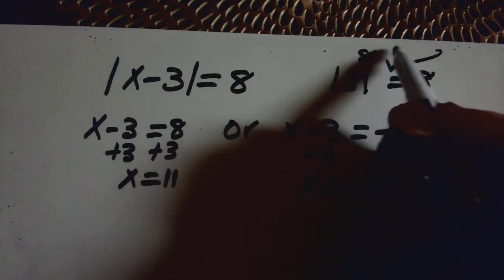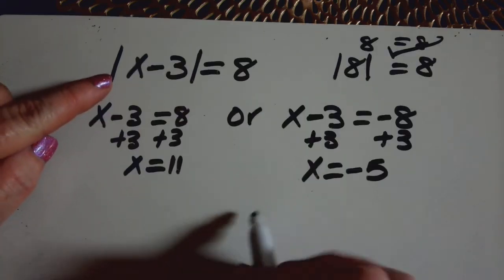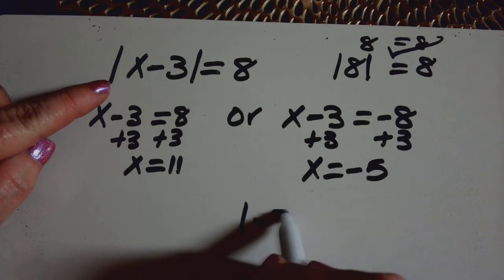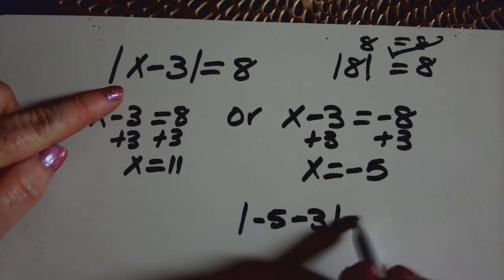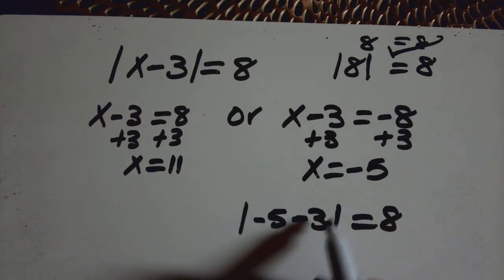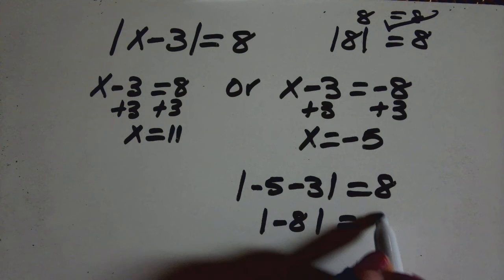When you take it out, 8 equals 8. Then the other one is negative 5 is our answer here, and I'm plugging in minus 3 equals 8. So negative 5 minus 3 is negative 8 equals 8.